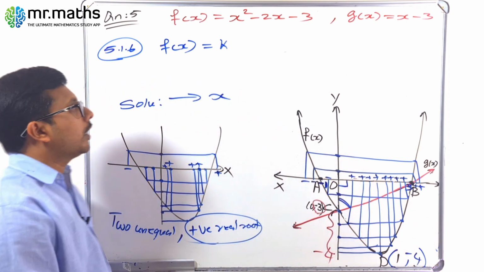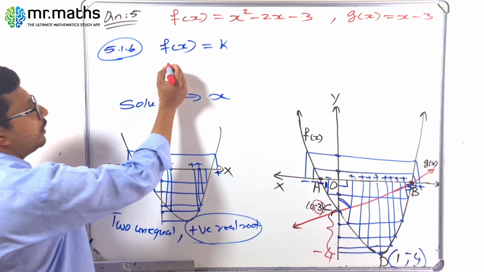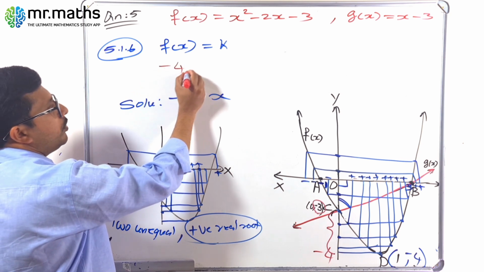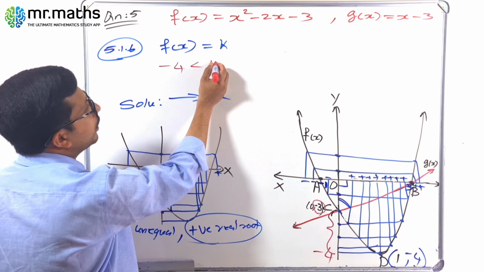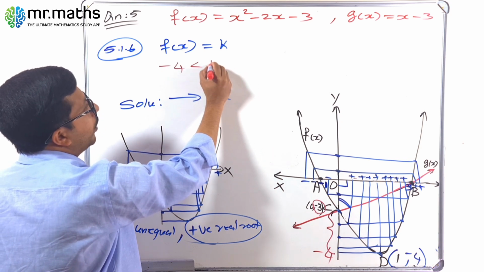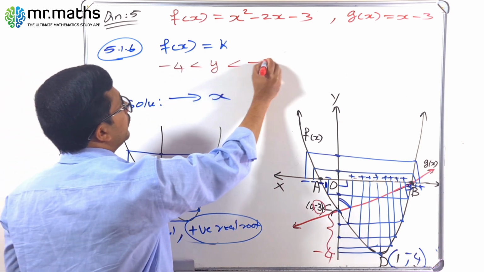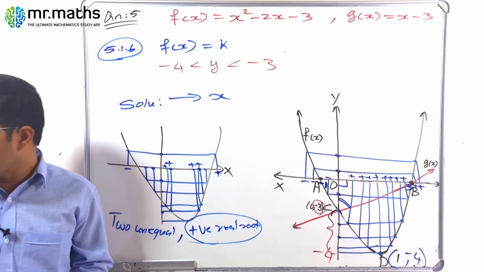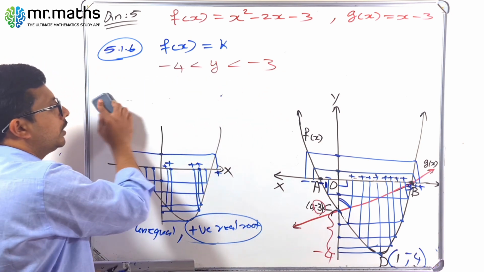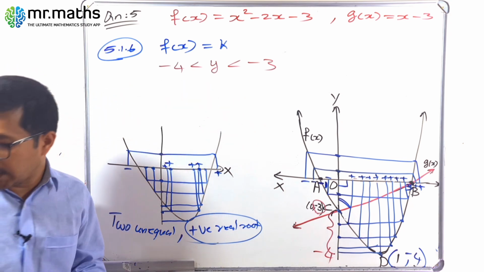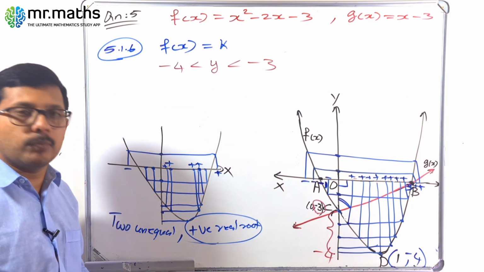So what is my answer? The answer must be the value of y. We can write the value of y must be between minus 4 and minus 3. But here the question is to write the value of k. So we know that y is the same as k.